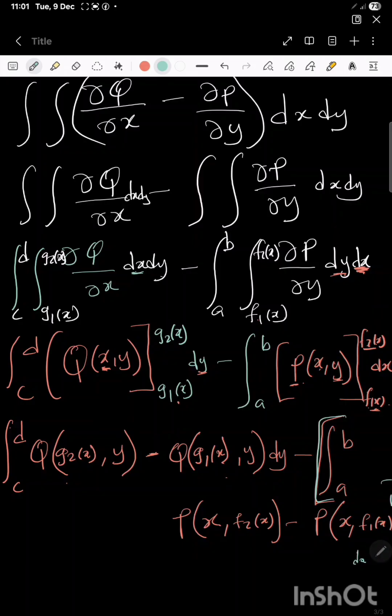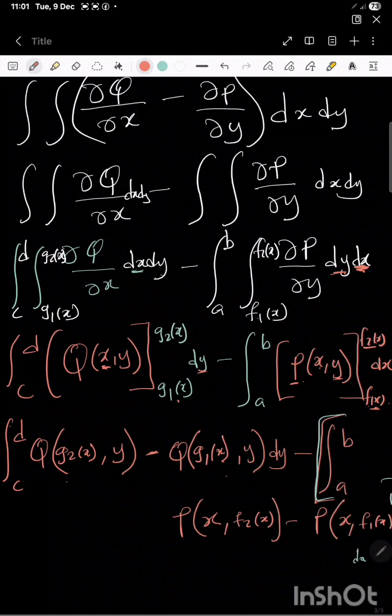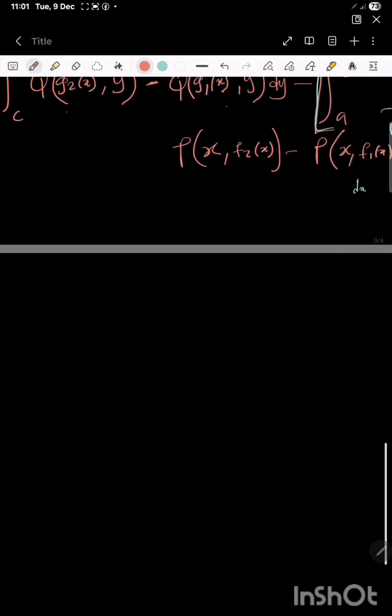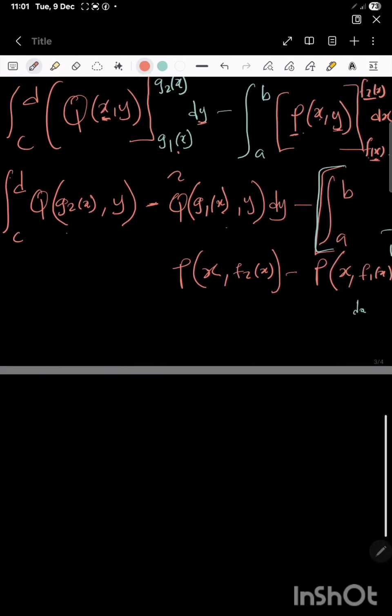So now from here, we are going to distribute the negative throughout what is inside. So let's do that. We start by writing this one the way it is, and then we distribute the negative to this function and also that function.